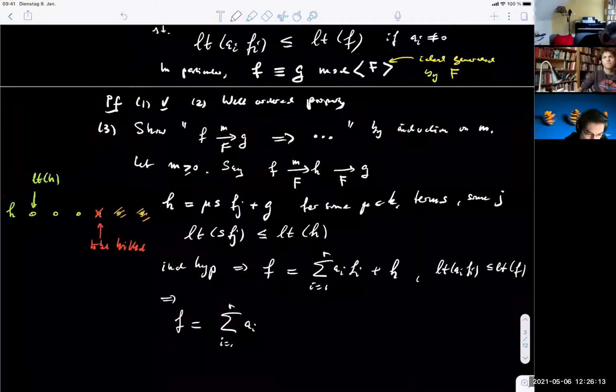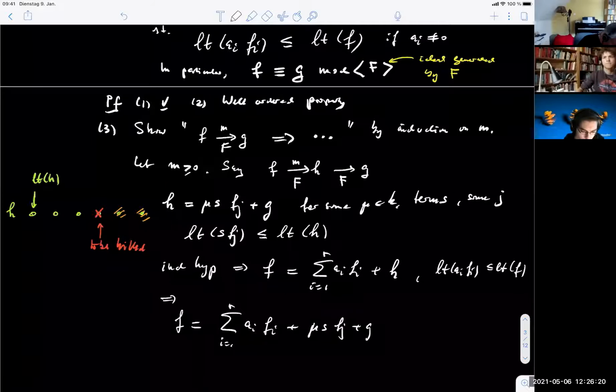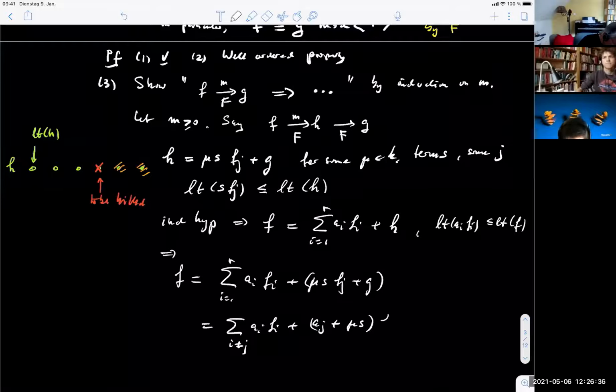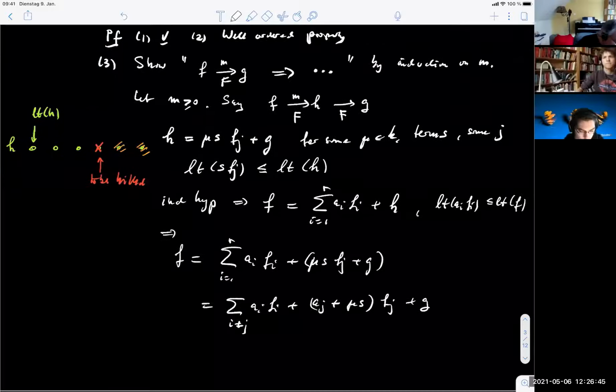Let's do it slowly. So then I have the sum over all i different from j, plus here I have Aj plus mu S Fj, plus G. So I get the representation as desired.